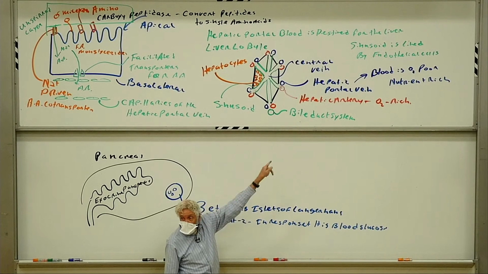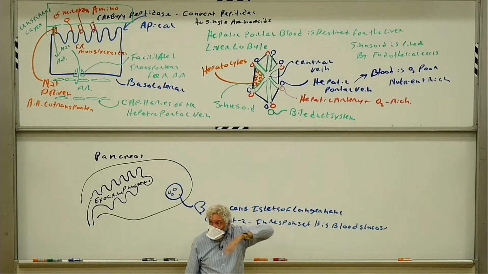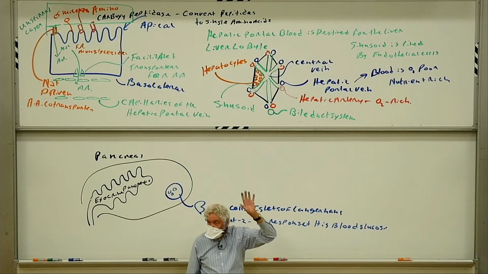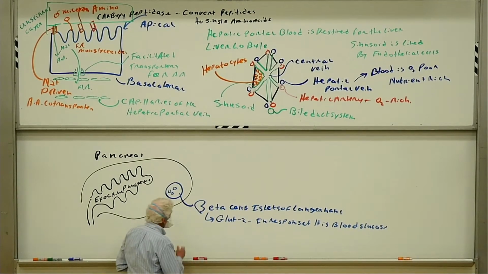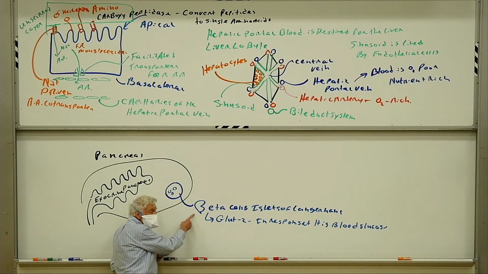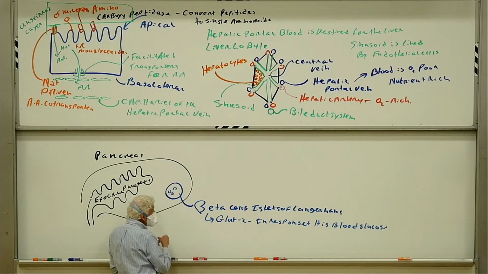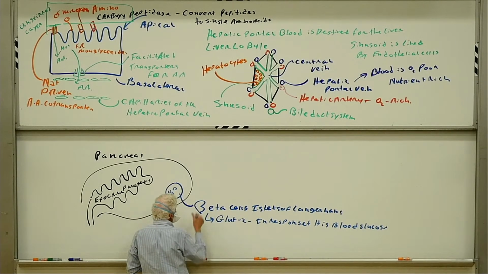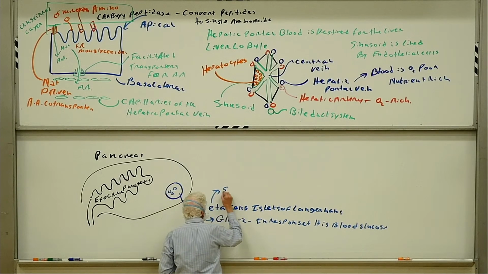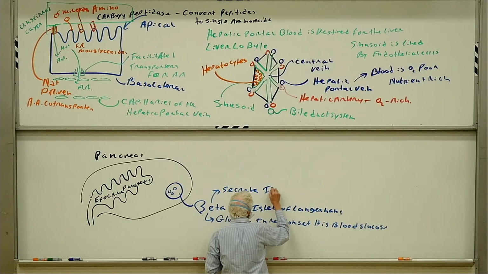And it's going to spill out into the central vein and be taken back into the venous system and pumped through the cardiovascular system. Well, when it comes back to the liver, these beta cells recognize high glucose because they take up glucose through GLUT2. But when they take up glucose through GLUT2, the beta cells secrete a hormone called insulin.